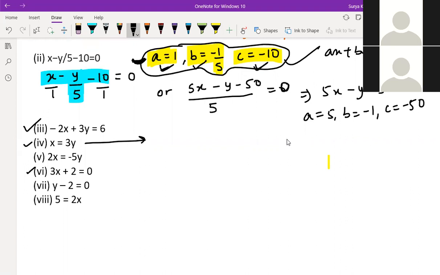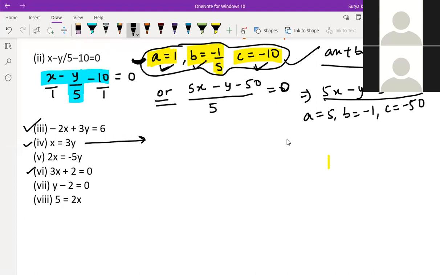Now the second part: we have taken 5 as the LCM. Then you know how to write this, plus minus and all: 5x minus y minus 50 equals 0. Then you cross multiply, you will get this equation. Then again you compare with this equation. Oh yeah, now I understood. I just got a bit confused.